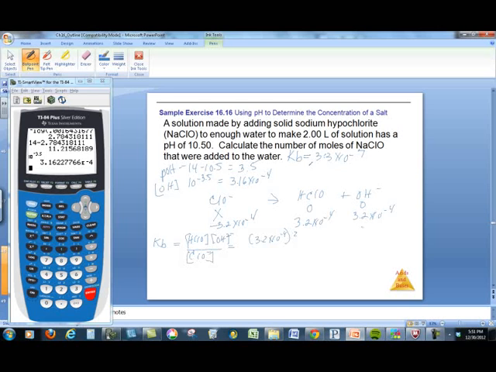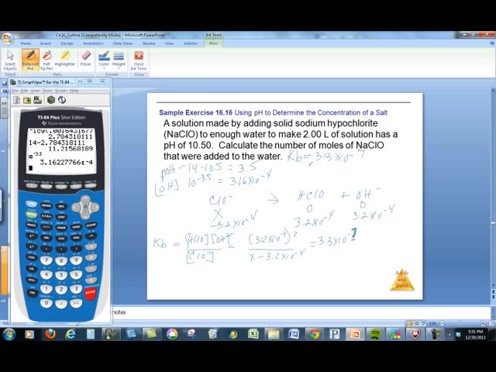This and this, and this will be x minus 3.2 times 10 to the minus 4. Okay, and we know that that KB is equal to 3.3 times 10 to the minus 7. Alright, so again we could end up with a quadratic, or not. I'm going to go ahead and include it.